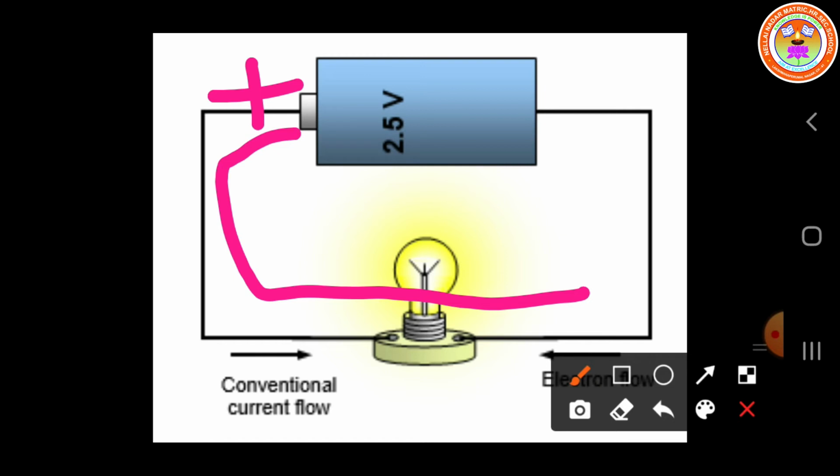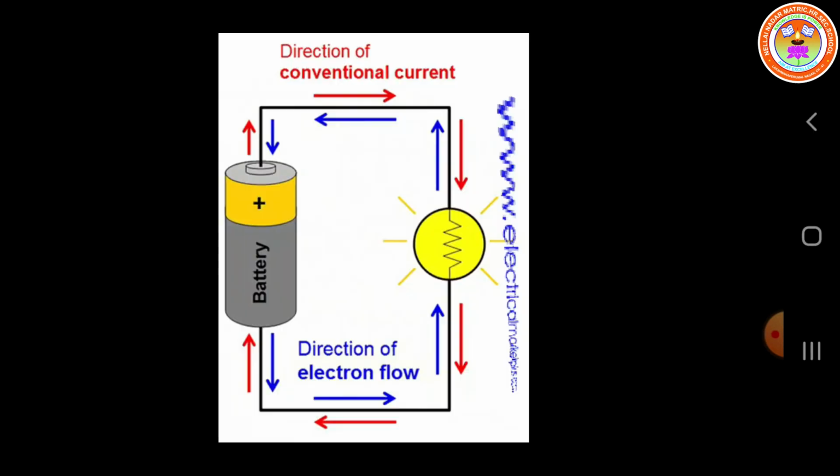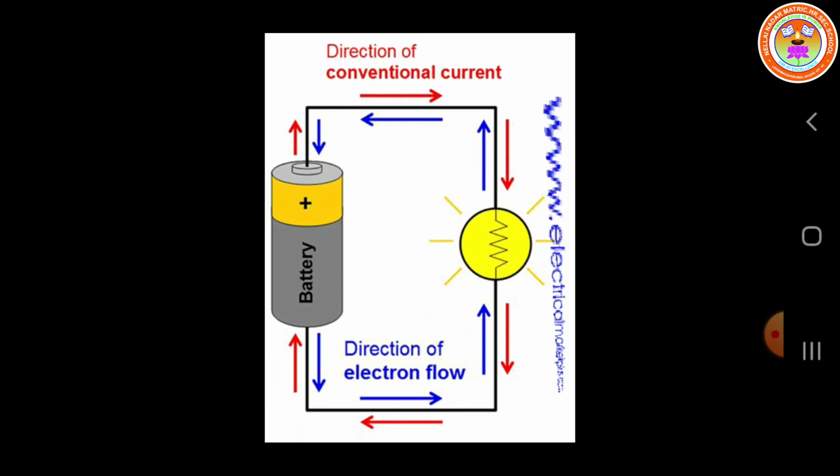But the electron flow, or else electric charges, flows from the negative end to the positive end.